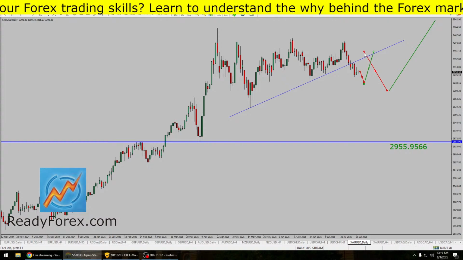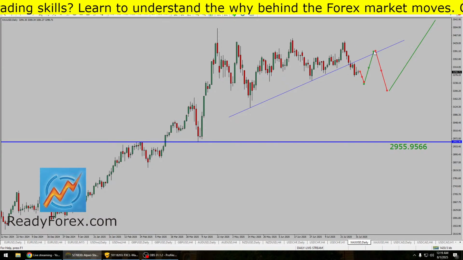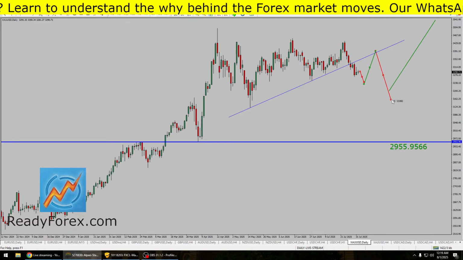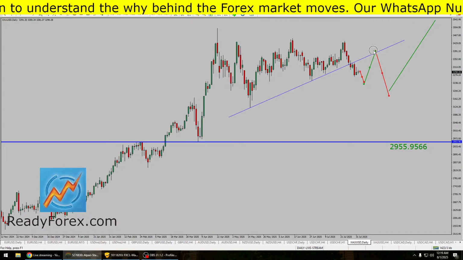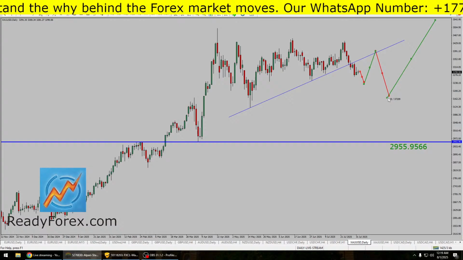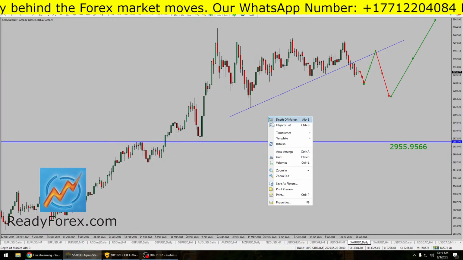So my forecast is a little bit bullish. Then once market is going to rise and test this broken trend line, then it's quite possible that we are going to get a drop in price action of XAUUSD pair.